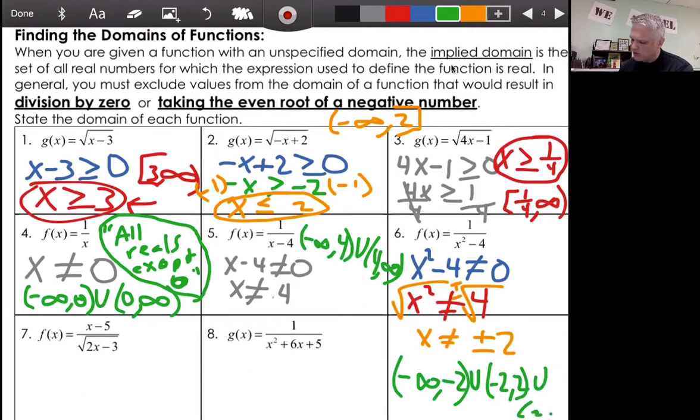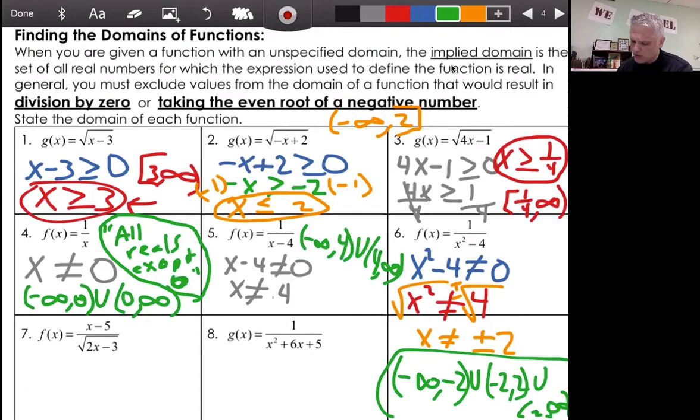Now I can go all the way to infinity. That's a 2 comma infinity, by the way. Okay? Don't get too hung up on the interval notation just yet. I mean, you should know what interval notation is, but as long as you can say x is every real number except for 2 and negative 2, you're in good shape.